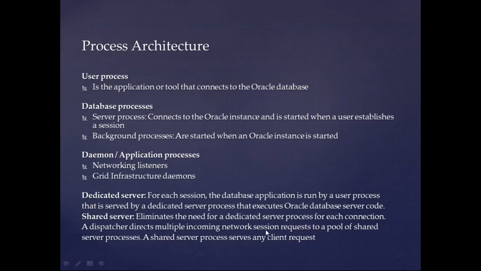Shared is when we have one server process that is serving multiple network session requests, or multiple user processes or multiple queries. The query also comes through the network, so the sessions are coming through the network. That is shared.